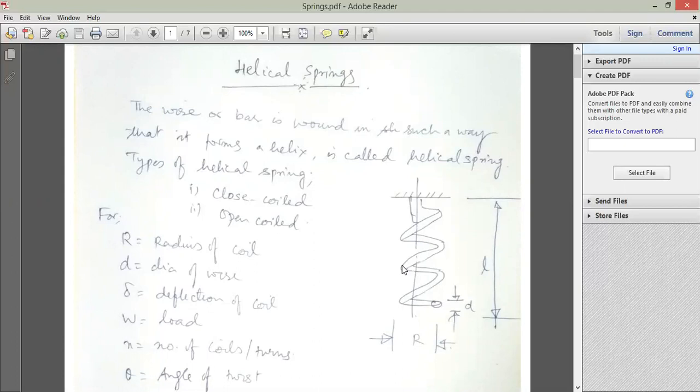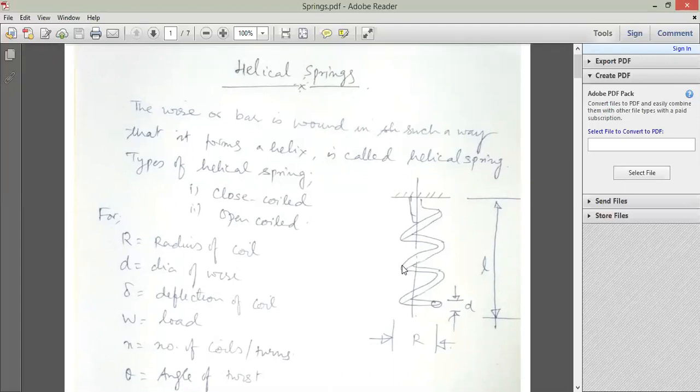When an automobile is passing along a road and falls into a pit, the wheel comes down and the spring expands, and once it comes out of the pit, the spring comes back to its normal position. This way it absorbs shock, and the shock is not transferred to the passengers sitting in the automobile. So it is applicable everywhere.